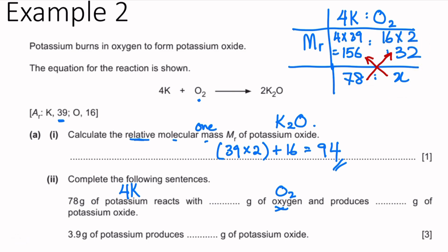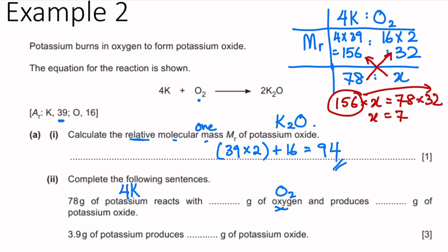So x multiply with 156, you will get something like this, multiply with 78 times 32. 156 bring to other side, become division. 78 times 32 divide with 156, you get 16. So it's 16 gram of oxygen.